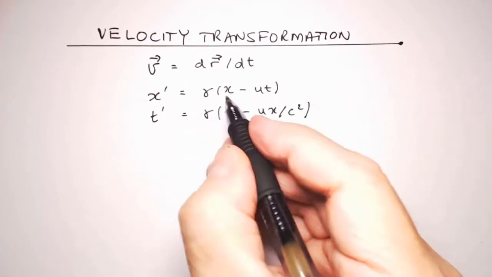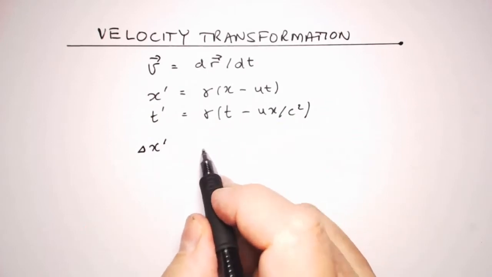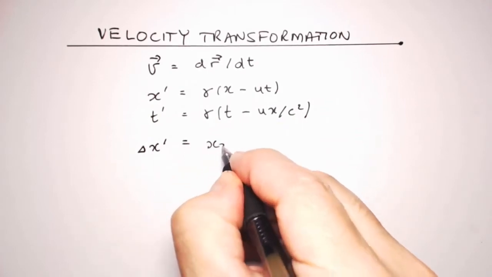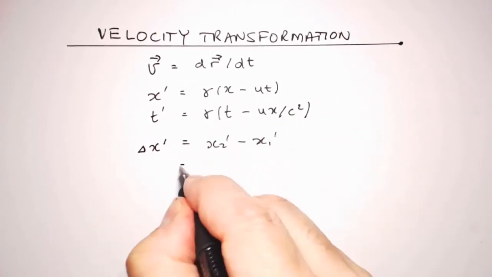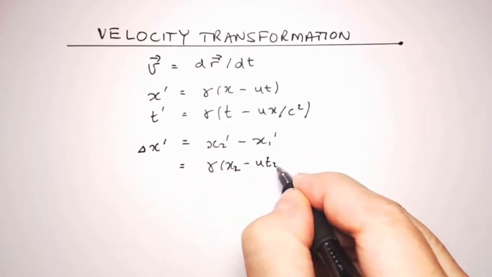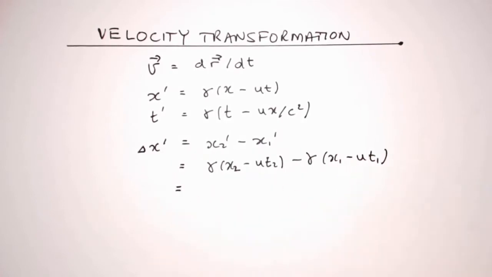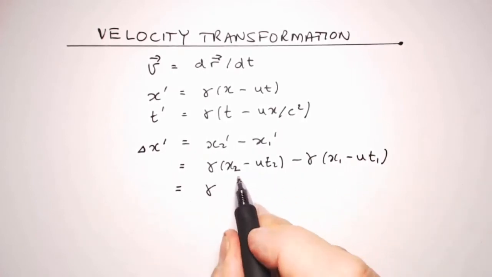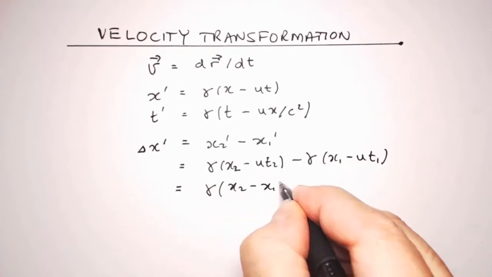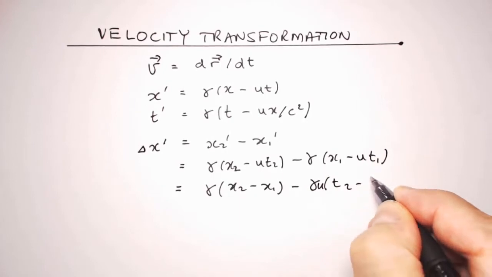If we take an interval, so delta x prime, between say two positions 1 and 2, we'd have x2 prime minus x1 prime, and then transforming, we have gamma (x2 minus ut2) minus gamma (x1 minus ut1), and then we proceed algebraically to find gamma (x2 minus x1) minus gamma u (t2 minus t1).